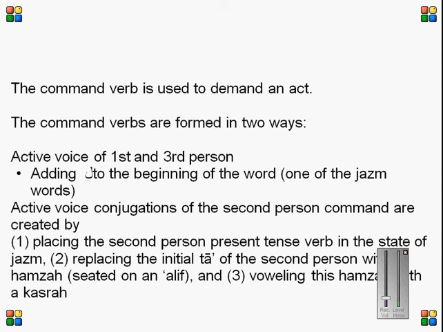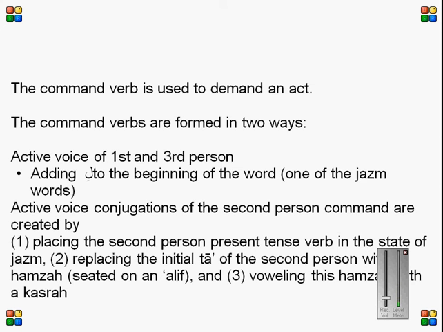And the active voice conjugations of the second person command are created by, now, second person command. I'm sorry, second person is the middle six. So how are they formed? Basically, you put a sukun on the last letter, or you make it jazm, however that is for that specific conjugation. So you make that conjugation jazm, and you replace the initial ta.